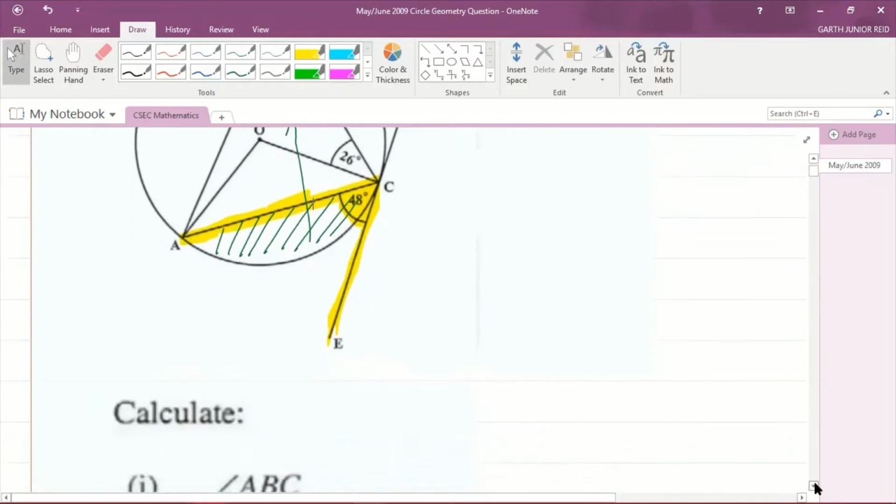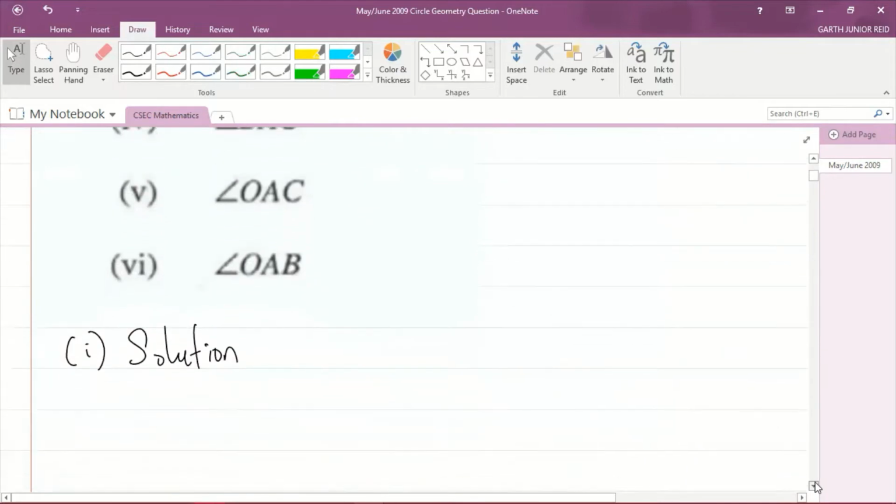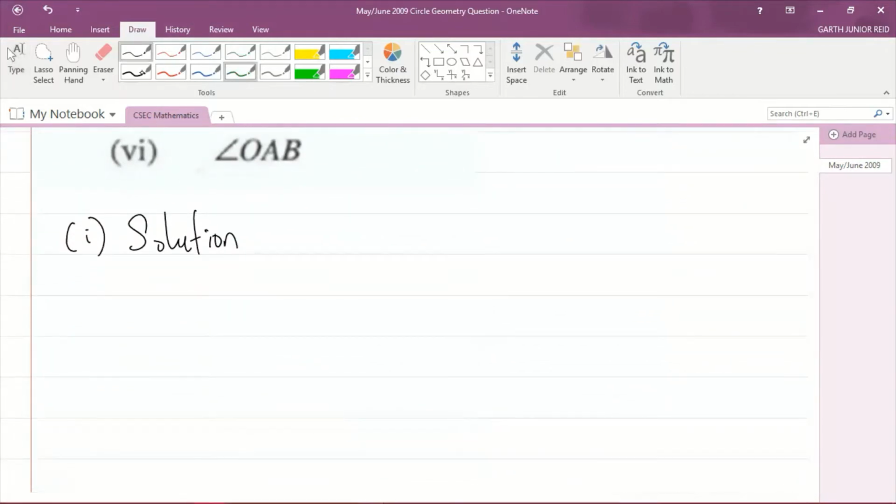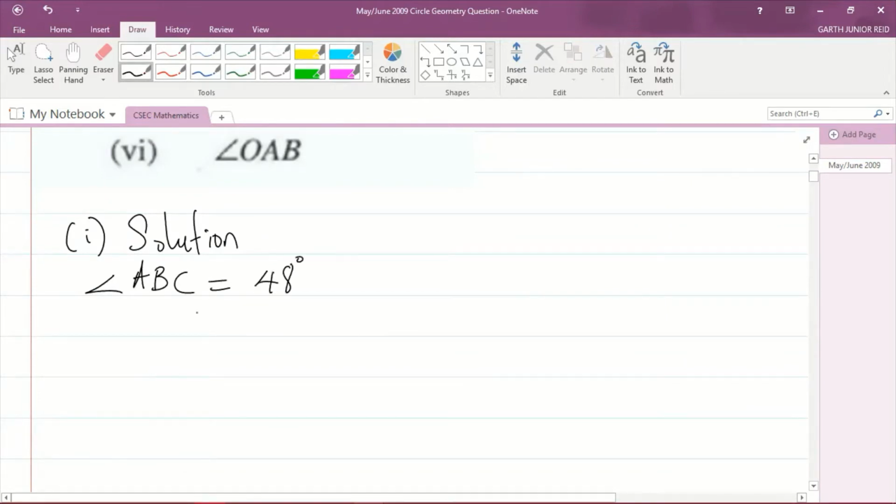Let us write our solution here. The angle ABC is equal to 48 degrees.